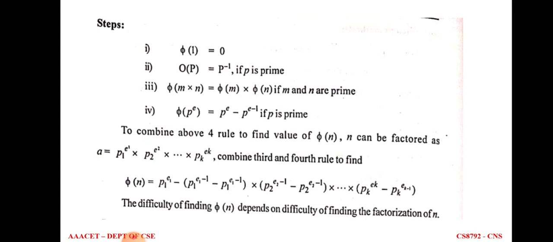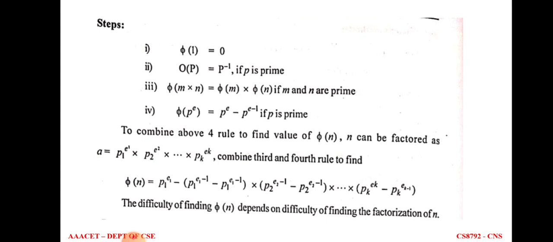In case the number is not prime, then we go with the third rule, that is phi of m cross n, which can be rewritten as phi of m into phi of n. Here m and n are prime numbers. The last rule is phi of p power e is equal to p power e minus p power e minus 1, here also if p is a prime number. So these are the four rules to find the value of phi of n.